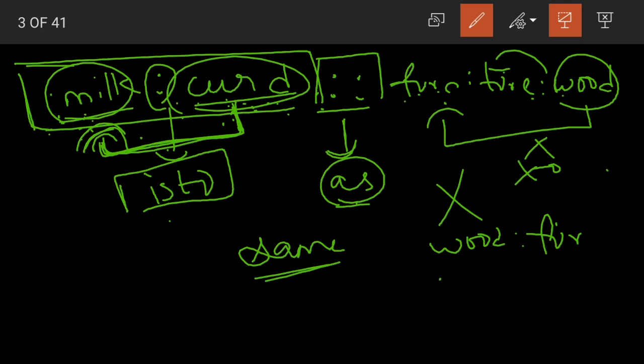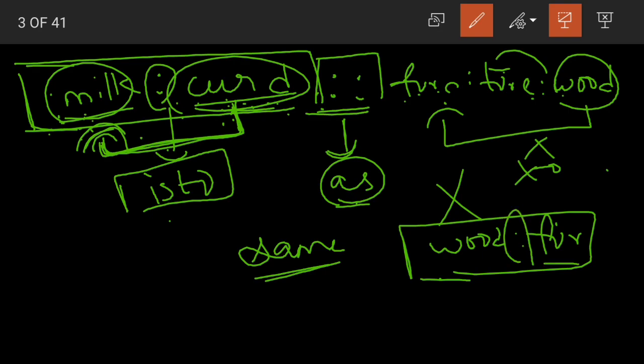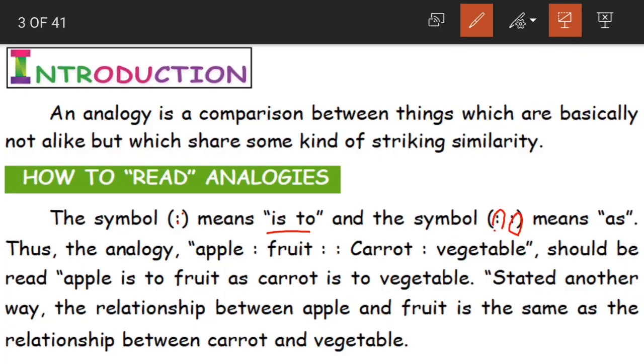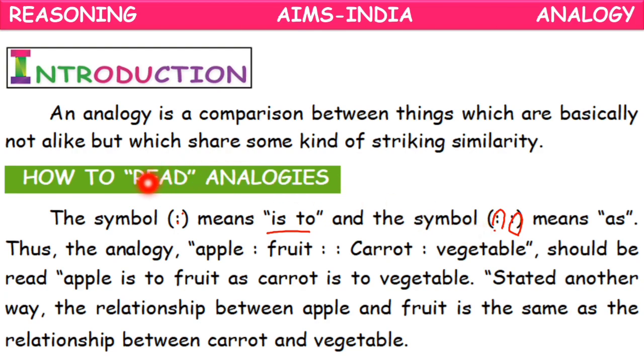So the correct analogy would be milk is to curd as wood is to furniture. Understood children? What is an analogy here? Analogy is a comparison between things which are not alike but which share some kind of striking similarity.